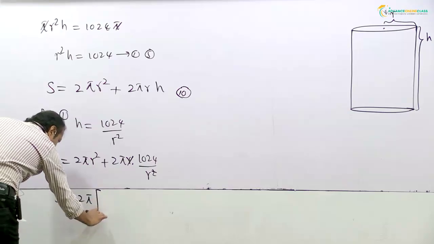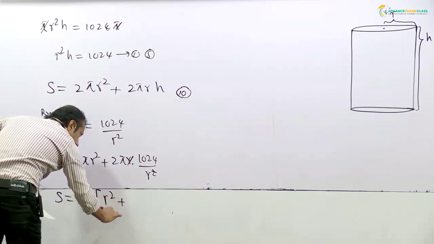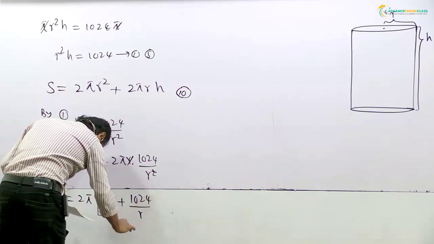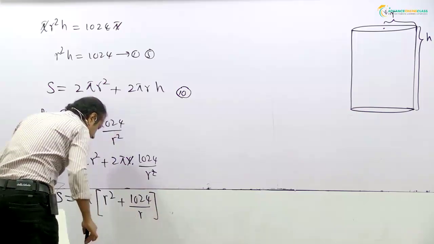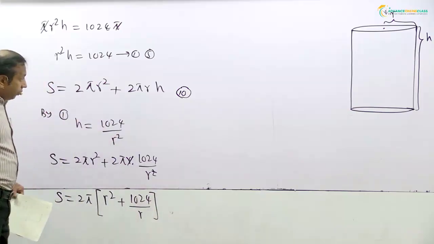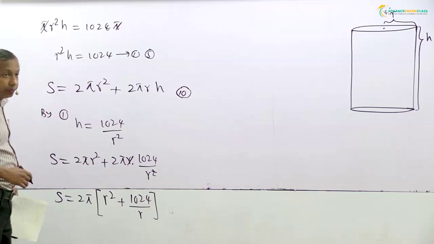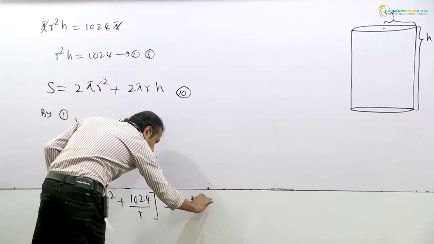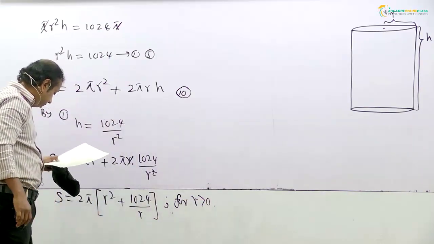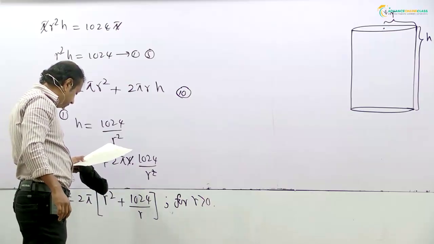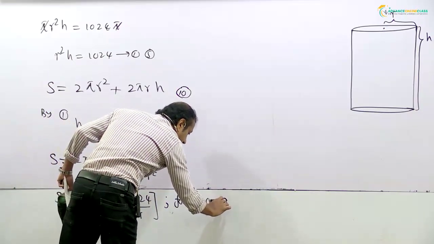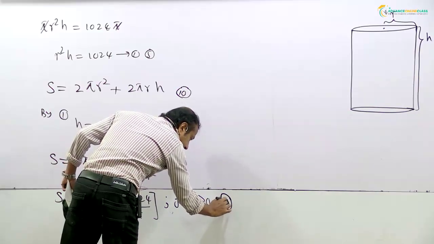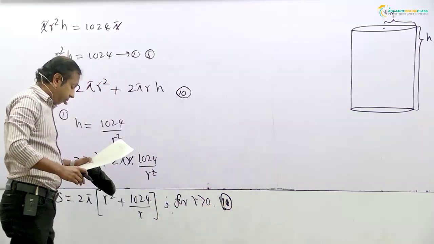Take 2 pi out: r squared plus 1024 over r. Here this r is positive, no? Radius, no? So then we can write r positive. 10 marks for this.